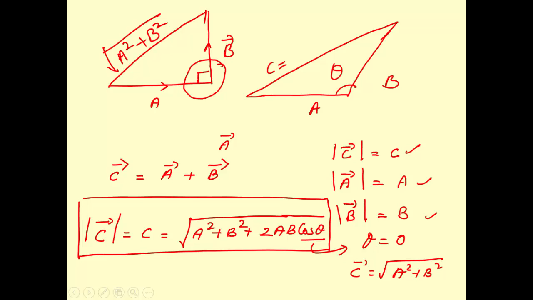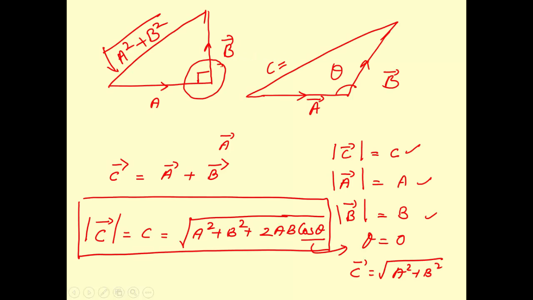Okay. So if you have two vectors to be applied for the triangle law of vectors that is taken in order, then the third side C will have a length of root of A square plus B square plus 2AB cos theta.